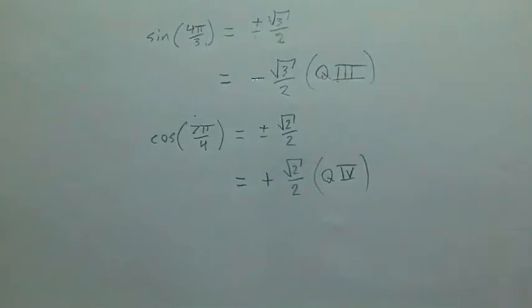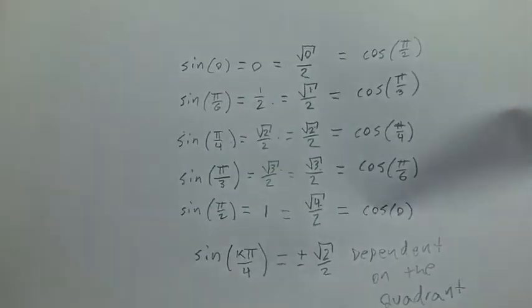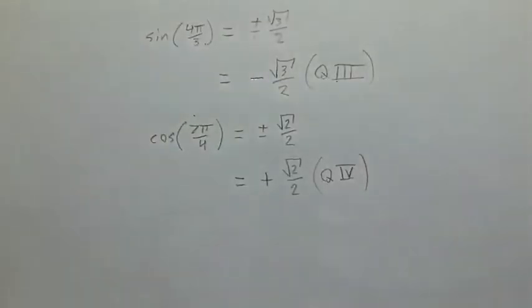Okay. Now I pretty much like to tell my students that if you know quadrant 1 of sine and cosine, and really just sine, if you know quadrant 1 of sine, then you know quadrant 1 of cosine, right? Because it just goes in reverse. If you know both of those, then you know all the values of tangent.